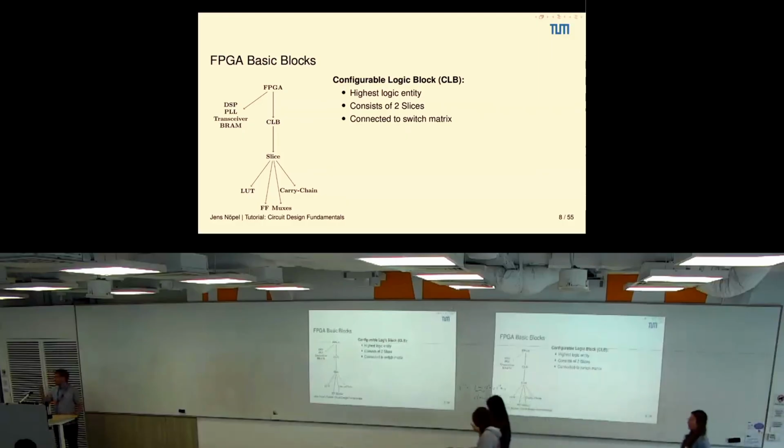An FPGA consists of CLBs, and a CLB itself consists of two slices that contain LUTs, flip-flops, carry chains. Additionally, you can find on FPGAs so-called DSPs, PLLs, transceivers, and DRAM.